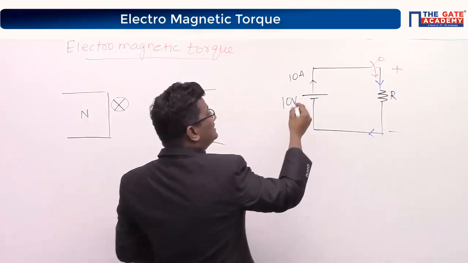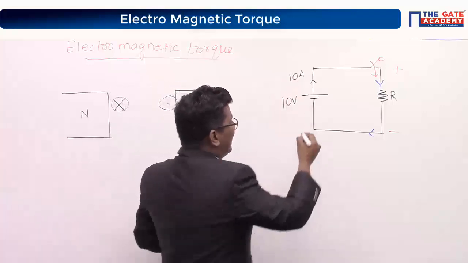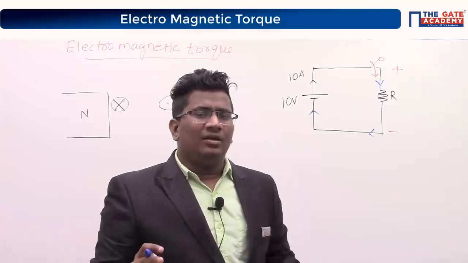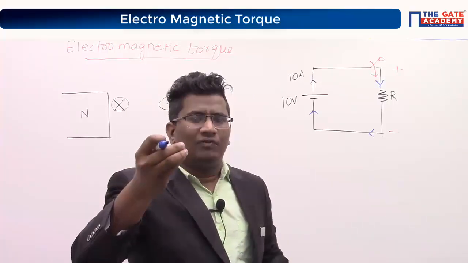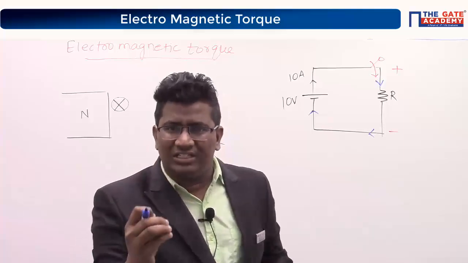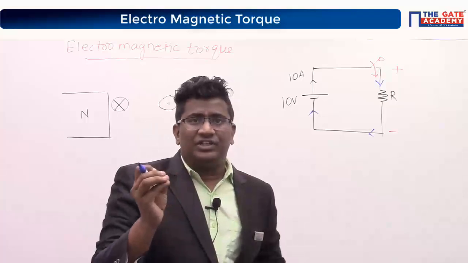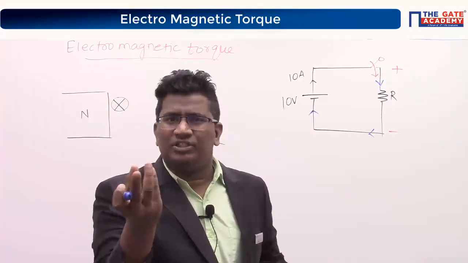But on the supply side, current is leaving from positive polarity and entering at negative polarity, correct? So basically, if current leaves from positive polarity, what do we call it? That is a positive current. That is called generating current, correct or not?